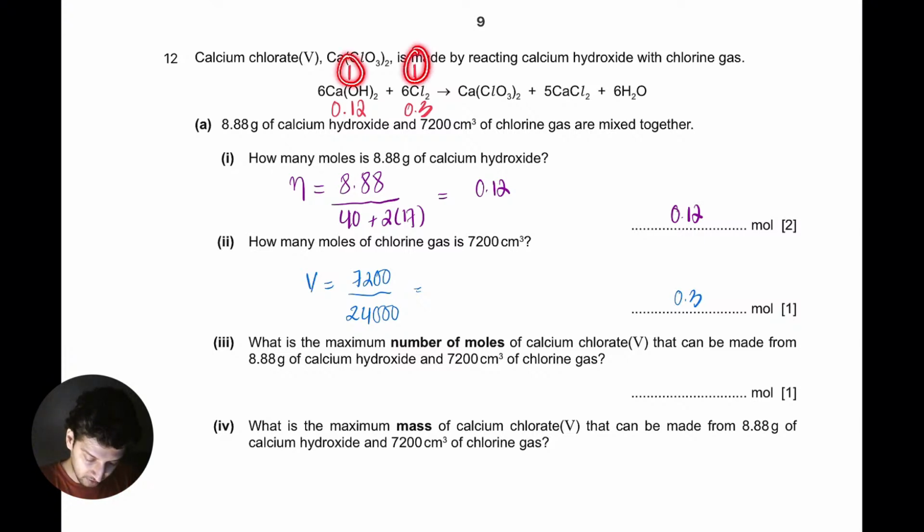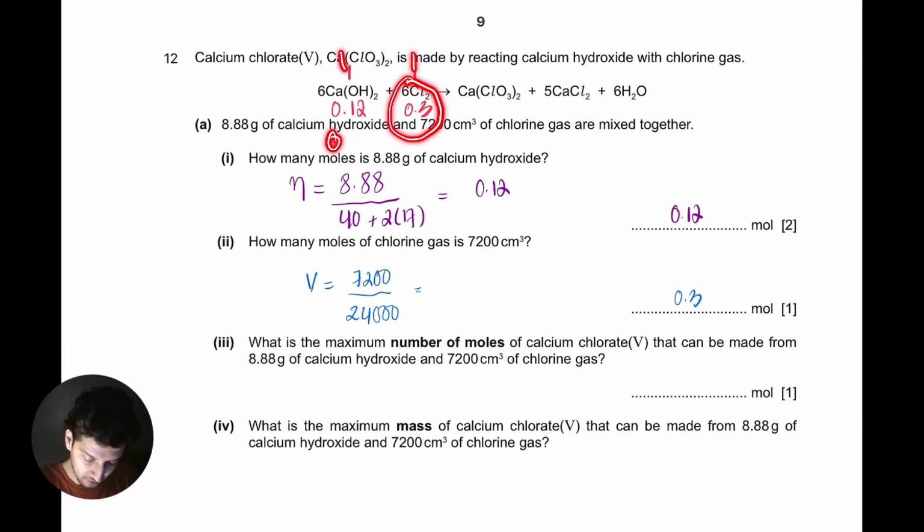So it's 1 to 1. So 0.12 moles of calcium hydroxide will require 0.12 moles of chlorine gas, right? So I'll have some chlorine left behind. So this is an excess where this is the limiting factor. And let's confirm that: if I have 0.3 moles of chlorine, the ratio will be 1 to 1, right?